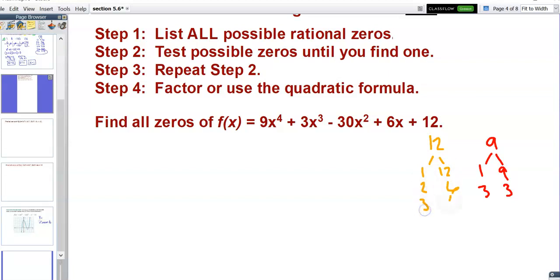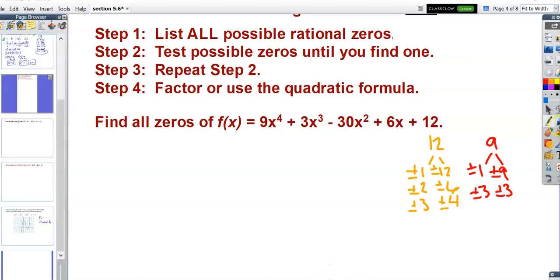All of these can be written as positive or negative. I think it's helpful to just pick the first factor for the denominator, and then write everything over that number. It's always 1, so you always just list off the first list of factors.